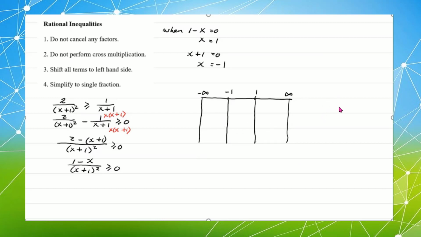Now we look at x equals 1. Since x equals 1 comes from the factor 1 minus x, which is the numerator, x equals 1 is included in this inequality.